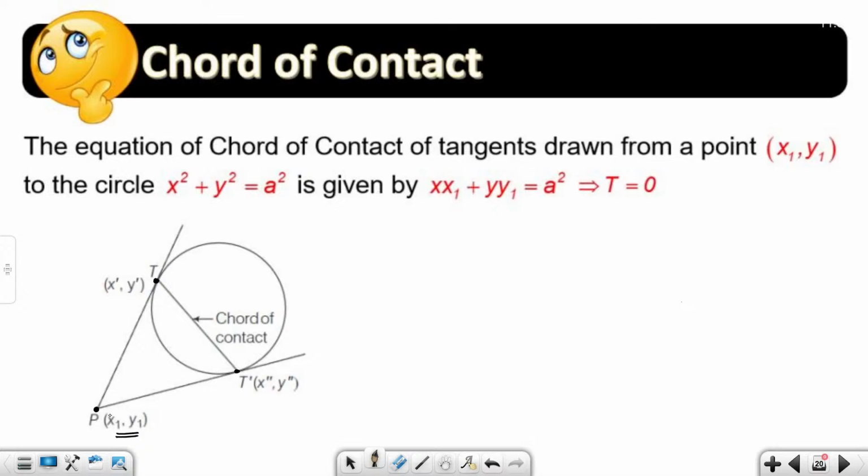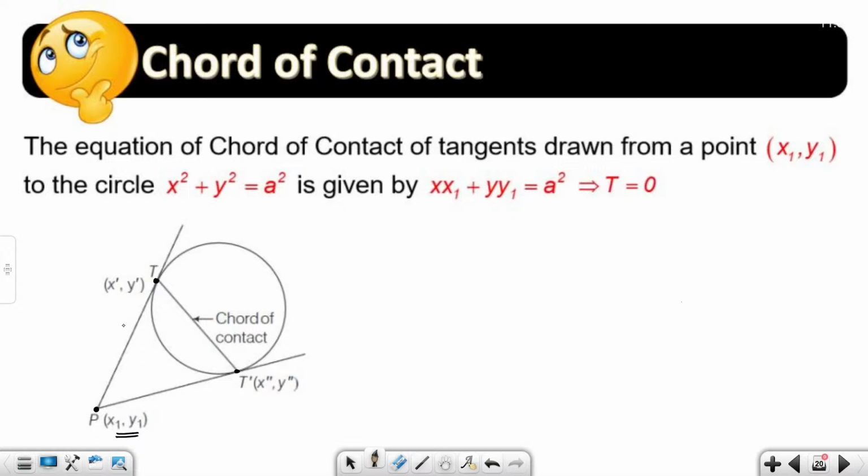So from any point outside the circle, when you draw two tangents to a circle, the points where they intersect the circle are called the points of contact. And if you join those points of contact, you get a line which is called the chord of contact. Is it clear?